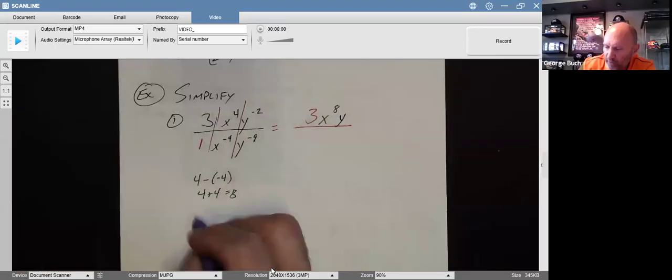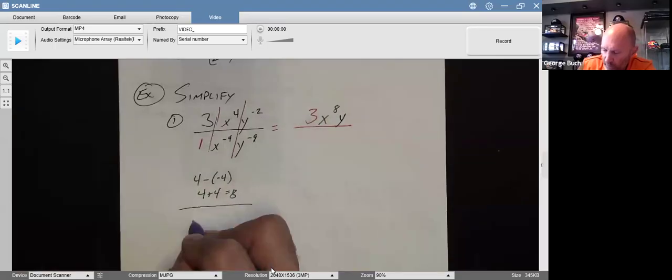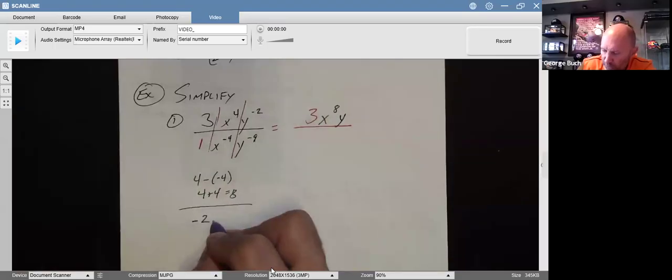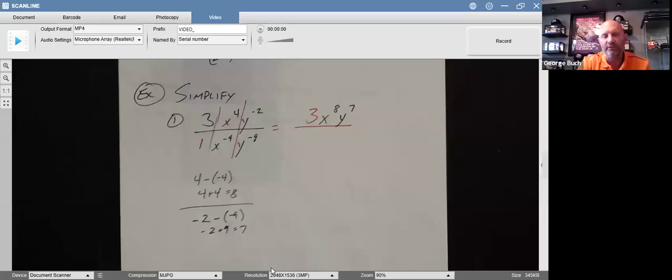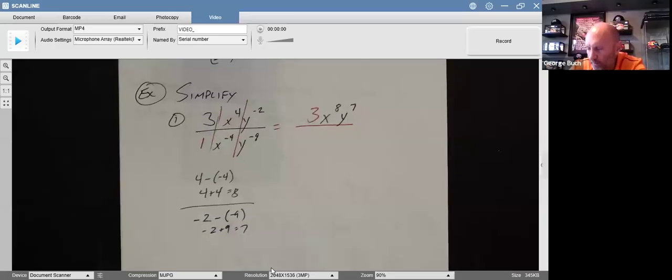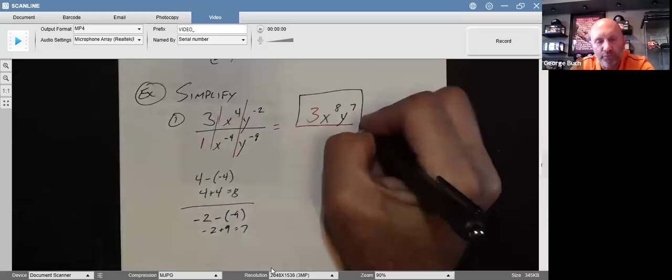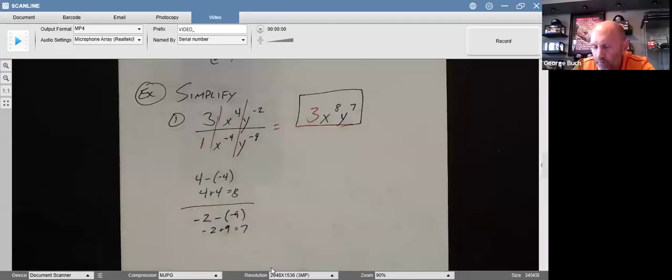And to figure out what's left, I have the big number, negative 2, minus the small number, negative 9. Negative 2 minus negative 9 is like negative 2 plus 9, which is 7. So I get a 7 on the y variable, and then this is my answer, right? 3x to the 8th times y to the 7th.